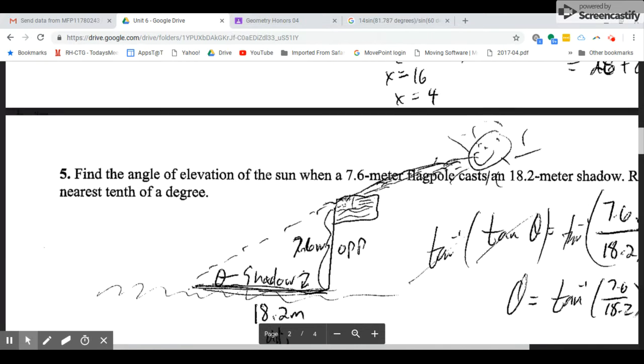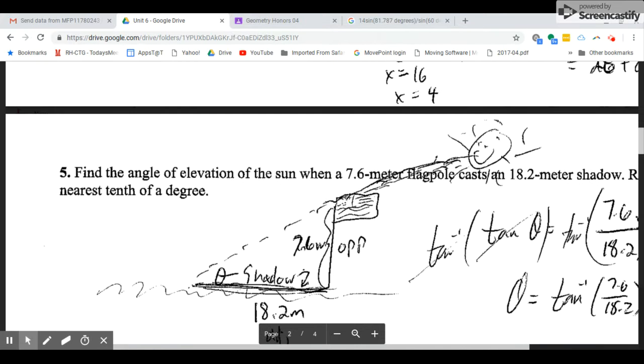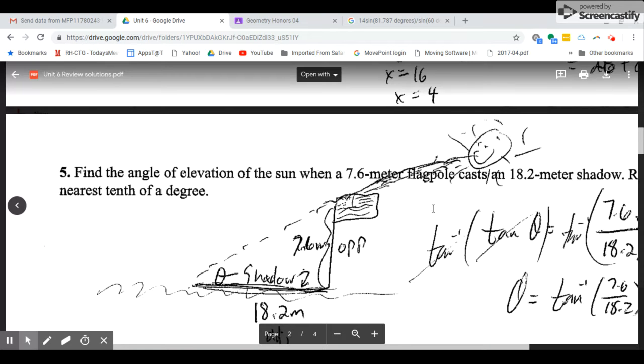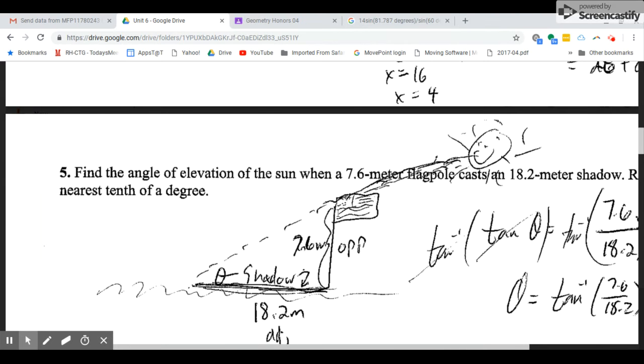Okay, nobody asked about 5, a little surprising, but remember you've got the sun shining down. There's an object here, and you're going to need this for the project you guys are doing. It's the flagpole.